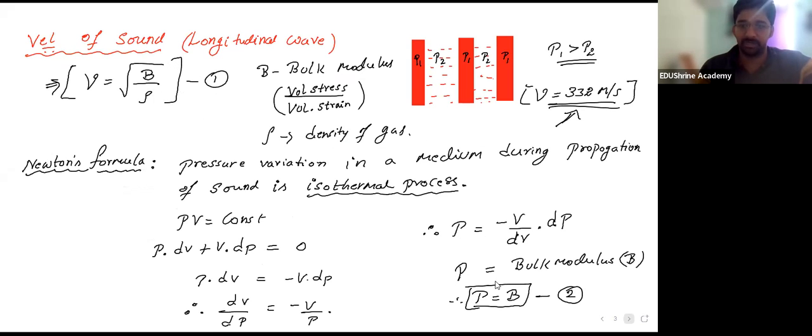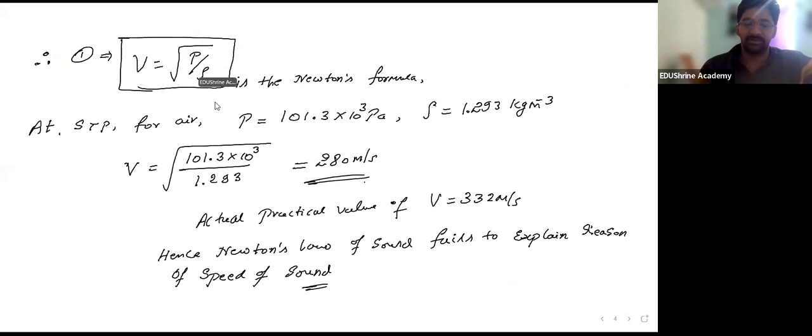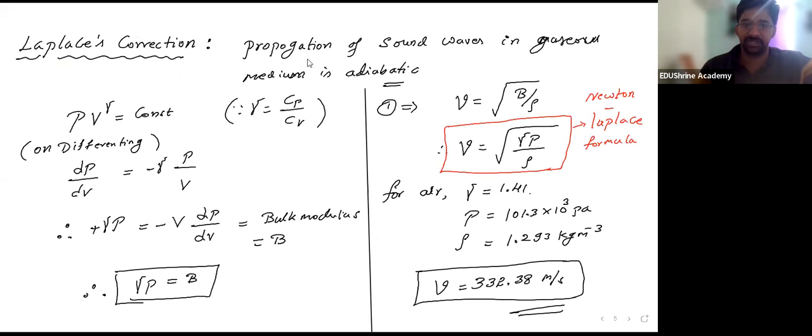And the reason for the failure of Newton's formula is that he believed it to be an isothermal process. So we got this formula, root of P by rho, and according to Newton's formula, we are getting 280 meter per second. So here it went wrong. Hence the Laplace correction came. According to Laplace, the process is adiabatic.